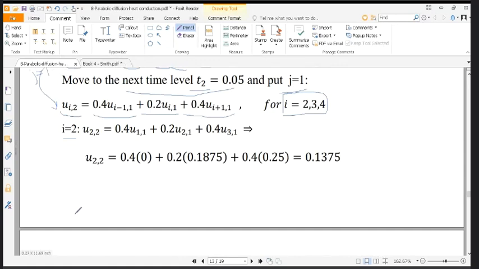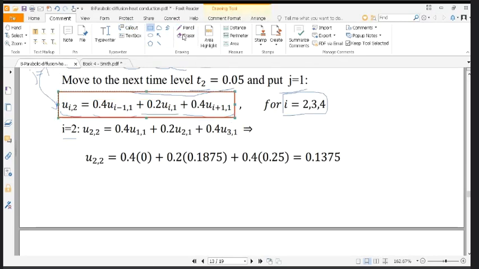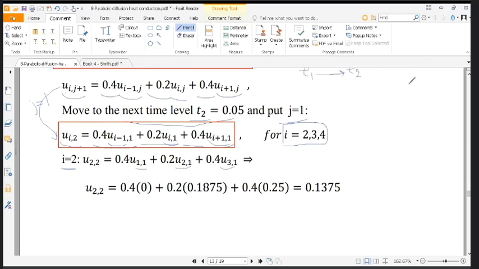When we have i equal 2, this formula changes to, please pay attention, this is the general form for this problem, and in this formula we put first i equal 2, and we have 0.4 u(i-1, 1) is u(1,1), u(i,1) is u(2,1), u(i+1,1) is u(3,1). And we have these values based on the initial conditions.